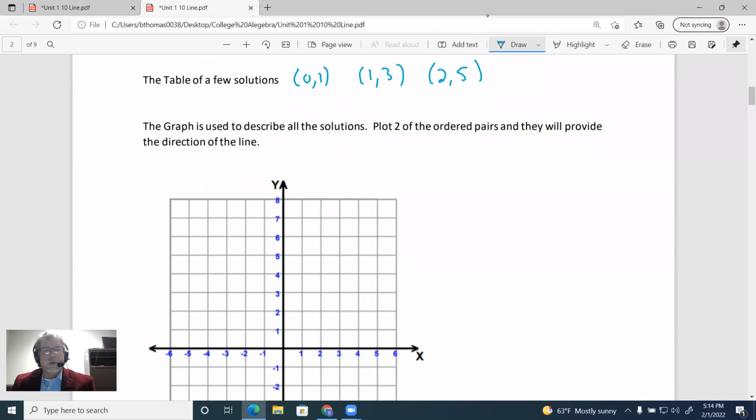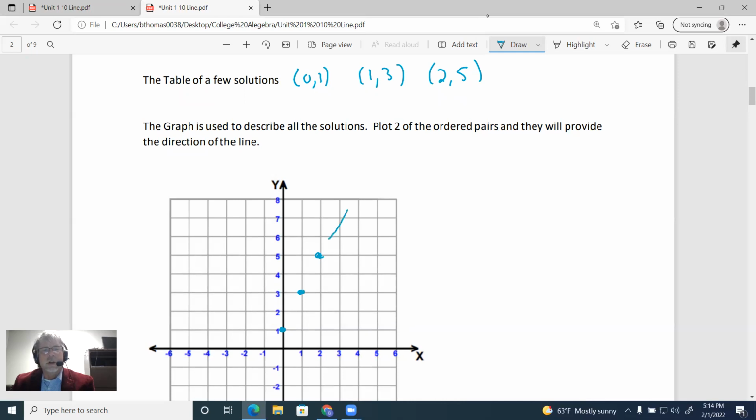So (0, 1) would be located here at this spot. (1, 3) would be located in this spot here. Notice again how you start at the origin, slide over 2, and then up 5, and that locates the third solution. And these 3 solutions are actually lining up, and that's why we call this a linear function.